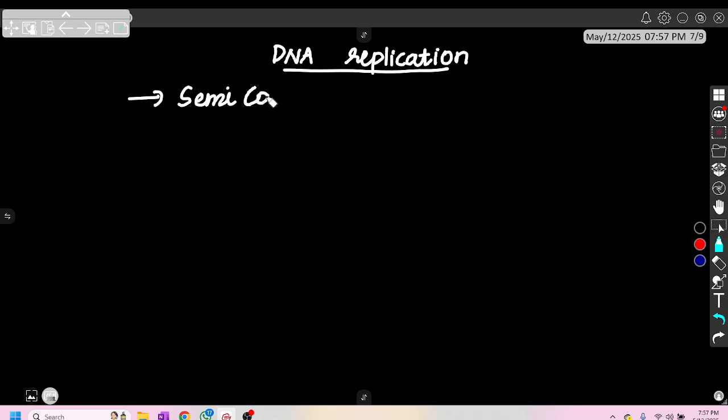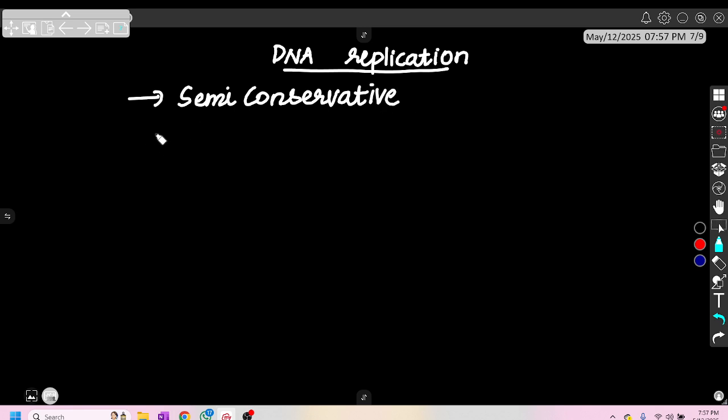Very, very important thing. DNA replication is semi-conservative. So what do you mean by semi-conservative replication?